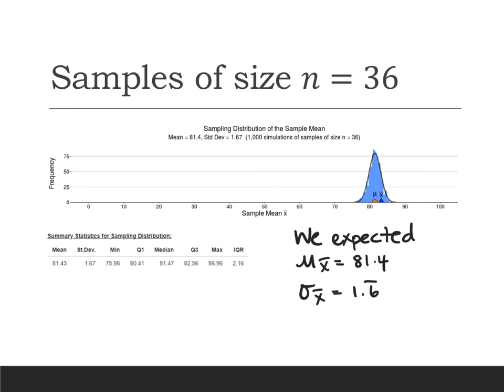The mean of the sample means to be 81.4. It was 81.43. And the standard deviation of the sample means, or the standard error, we expected to be 1.6 repeating. And I believe this just rounds to 2 decimal places. So 1.67 would be 1.6 repeating rounded to 2 decimal places. So this is very much what we were expecting as far as our mean and our standard deviation.